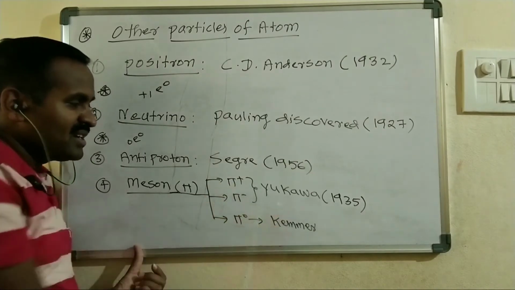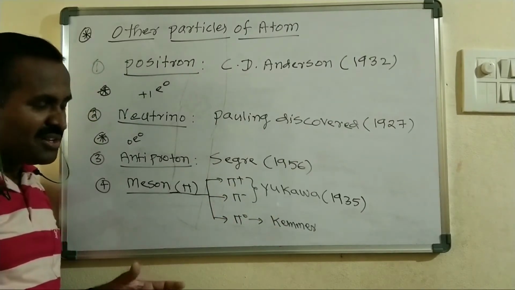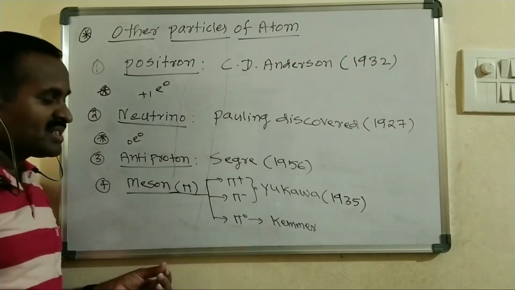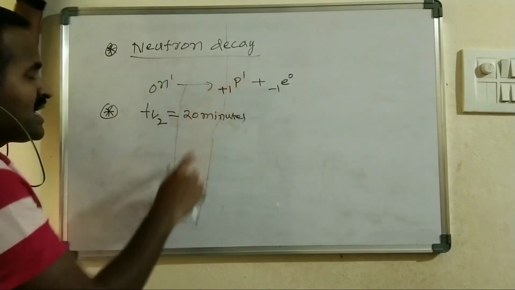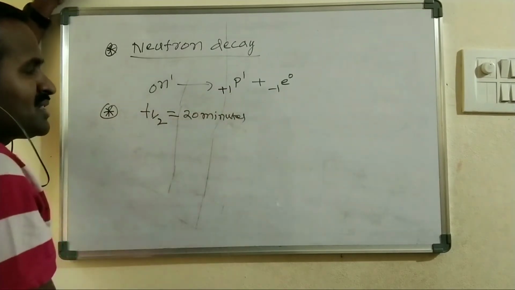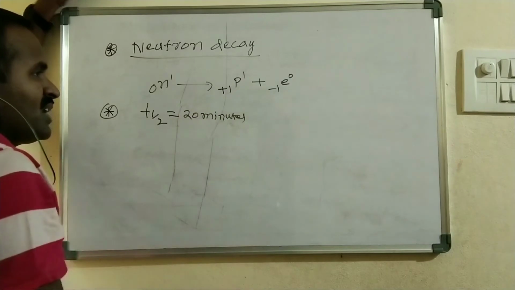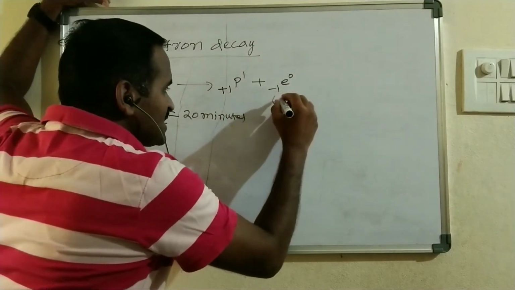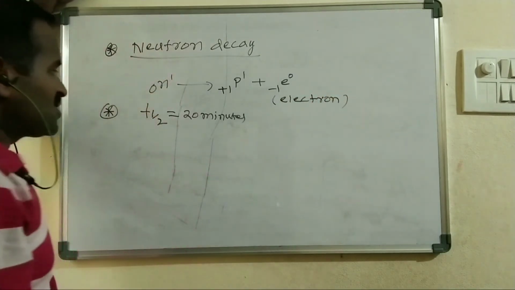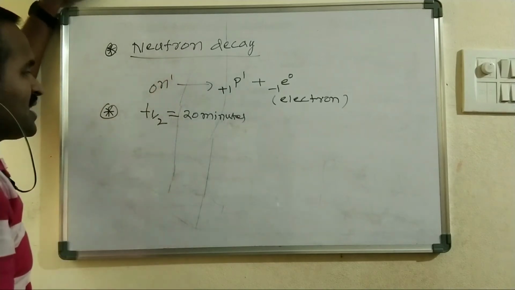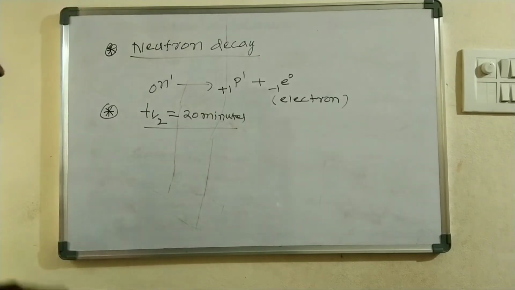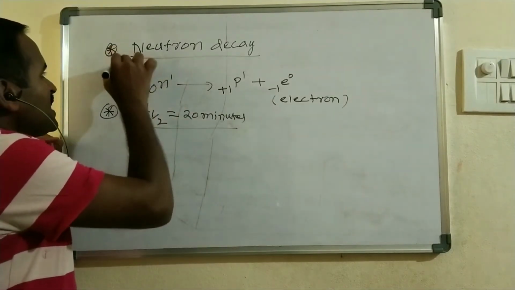The charged mesons were discovered by the scientist Yukawa in the year 1935, and the neutral mesons were discovered by the scientist Kemmer. In neutron decay, the neutron produces a proton, +1P1, and an electron, -1E0. The half-life of this neutron decay is nearly about 20 minutes. Neutrons are unstable, and that is the reason neutron decay takes place.